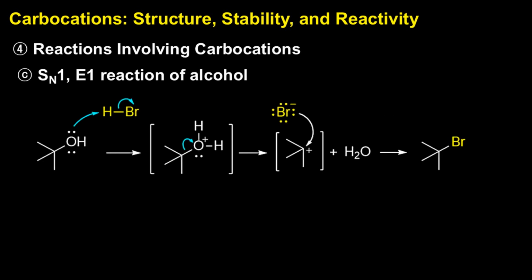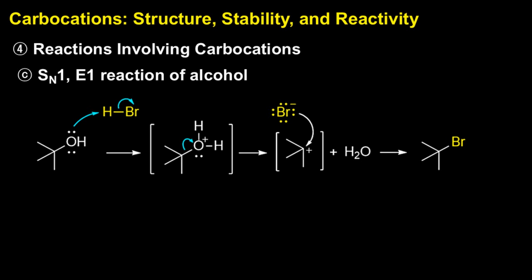Carbocations also play a big role when it comes to the reactivity of alcohols. Under acidic conditions, alcohols can go through either substitution or elimination, and both of these often involve a carbocation ion intermediate. Here's what happens. The alcohol gets protonated first, turning that OH group into a better leaving group, water.